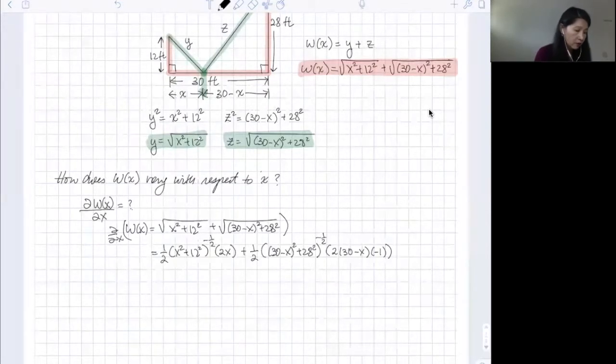Okay. Now we're going to rewrite this expression, but first we are going to see if there's anything that we can do to simplify it. We notice that the 2 cancels out and the 2's in here cancel out. So let's regroup.